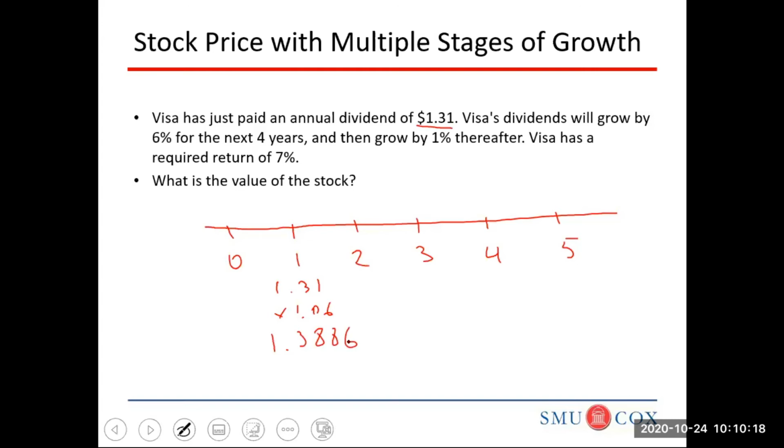And then you would do the same thing every year. We have to do it because you have to get to the final year, year 5, to then use the perpetuity formula. So what's the second cash flow? Just keep multiplying the previous year by 1.06.